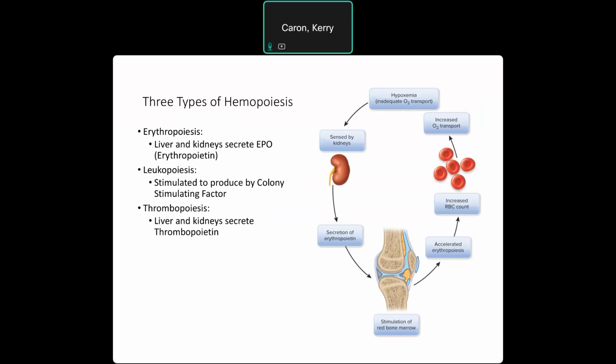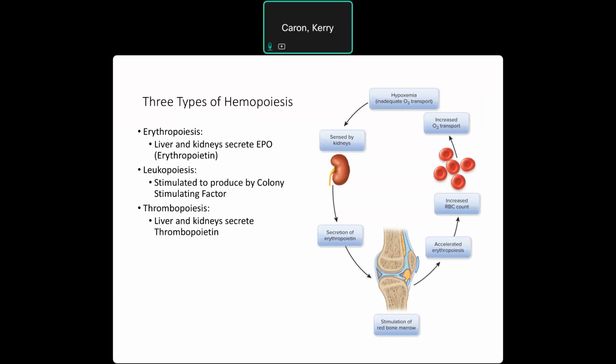Okay, so hemopoiesis. I mentioned before that poiesis means formation or beginning of, and hemo is blood. So we have a few types of hemopoiesis. Erythropoiesis, erythro meaning red. The liver and the kidneys secrete something called EPO, which is a shortened name for erythropoietin. And that erythropoietin stimulates the red bone marrow to make red blood cells.